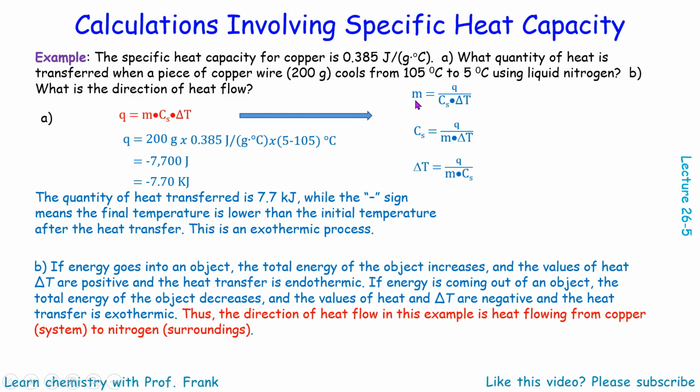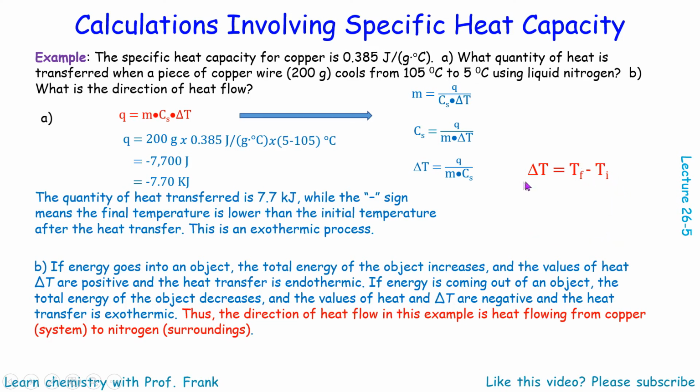If you need to calculate the mass, you have to be able to write m equals Q divided by Cs and delta T, moving them to the other side as a denominator. Do the same for solving for Cs and for delta T. Delta T can also be calculated using this equation, final temperature subtracted by the initial temperature.